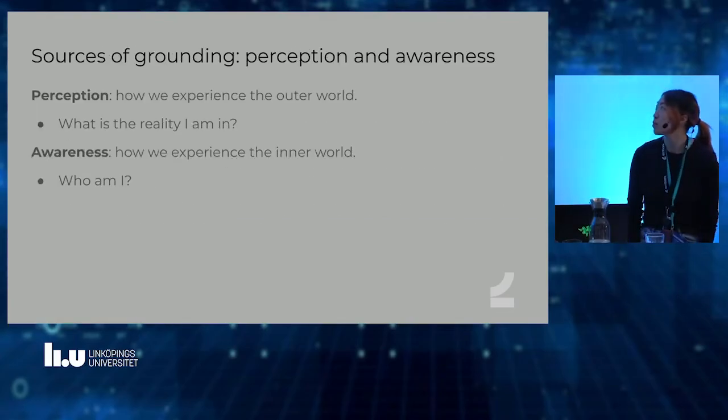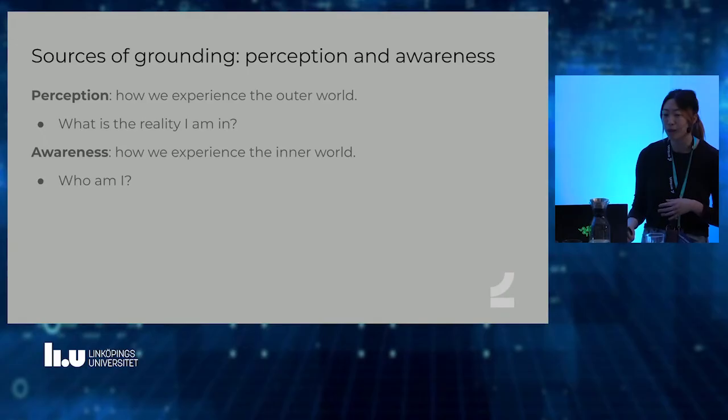The sources of grounding can be broken up roughly into 2 spaces: perception, which is how we experience the outer world, so what we perceive about the reality around us, and awareness, which is how we experience our inner world, so self-knowledge.